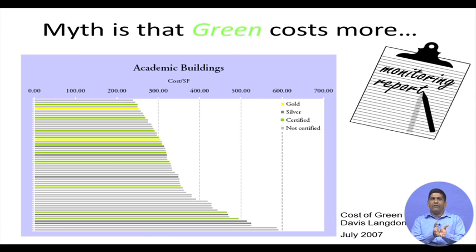This graph came from a study which was almost 10 years old, and technology has improved so much since. If somebody does a similar study today, my guess is you will find even less cost for something green certified or LEED certified. It actually costs much less if you look at the long-term cost as well.